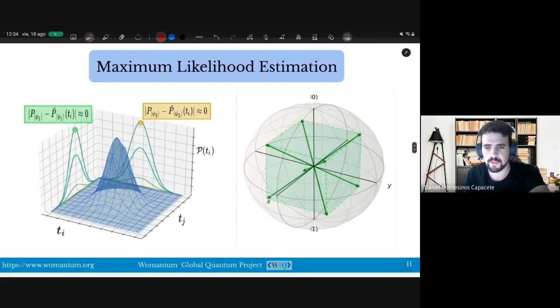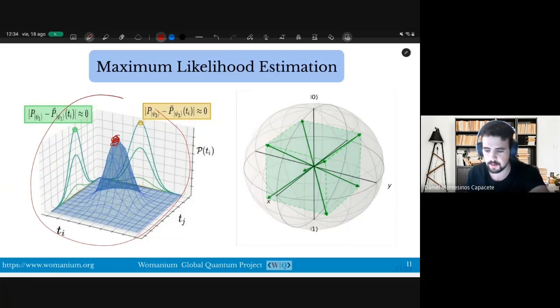The idea is to parameterize the density matrix so that it satisfies all these three conditions for sure, and then define a function that describes the likelihood between your measure and the density matrix. When you maximize this function, that maximum is the point where your density matrix corresponds to your experimental data, and that's where you say, this is the density matrix that I'm getting in my experiment.